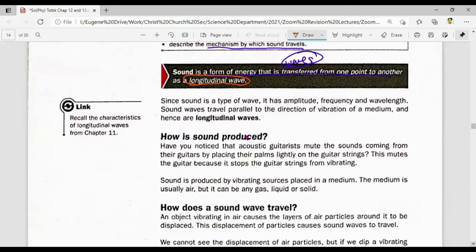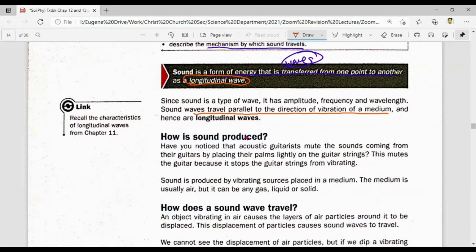So what are longitudinal waves? It is where the wave travels parallel to the direction of vibration of a medium. And this was what we covered in chapter 11. So this is just a recap from 11 and coming to chapter 13.